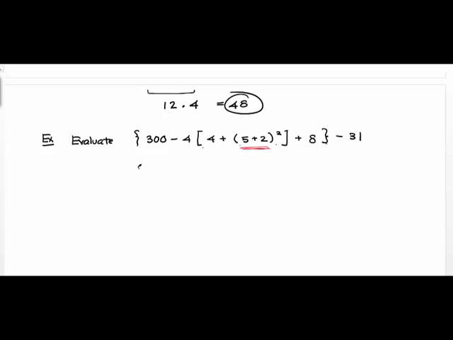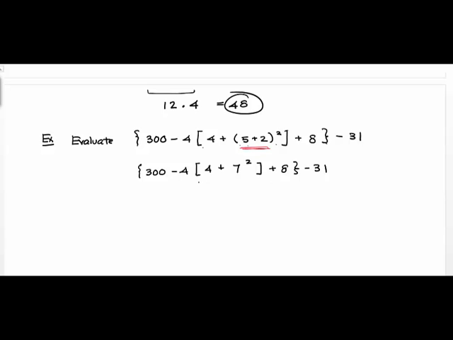And again, until you're used to doing a couple different things at once, I recommend that you only change one thing at a time. So if I look inside the parentheses, I have 5 plus 2, that gives me 7. I still have that squared out there, plus 8 minus, curly bracket, minus 31.